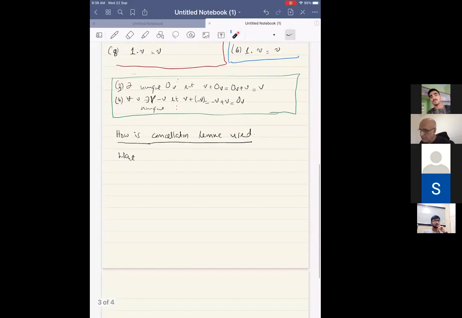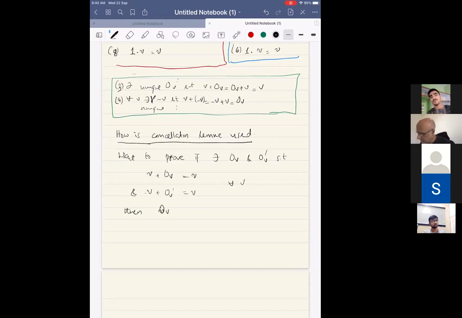So want to prove: if there exists 0v and 0v prime such that v plus 0v equal to v and v plus 0v prime equal to v for every v, then 0v equal to 0v prime.